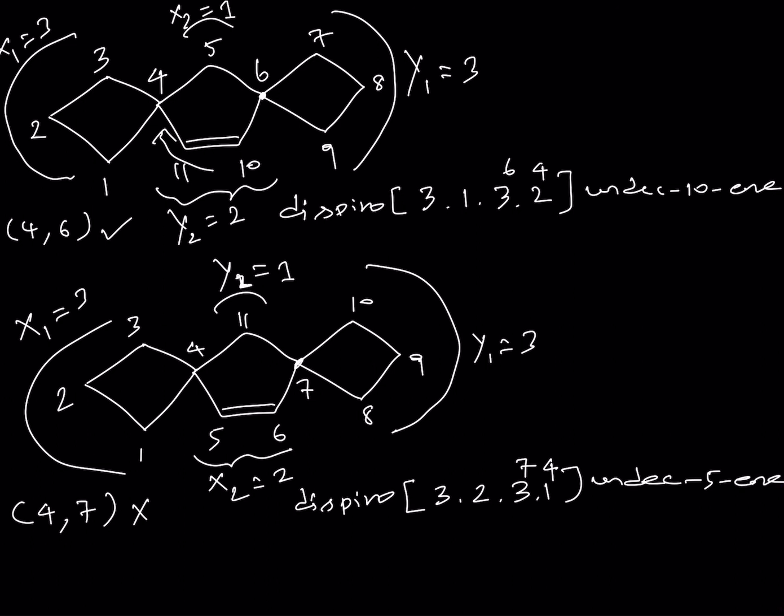Now the problem here is, you might be thinking that I gave a low number for the alkene, so the alkene should get the lowest locant. No, that's not correct. The Spiro atom should get as low a number as possible, and therefore this is the name that is correct for this example.